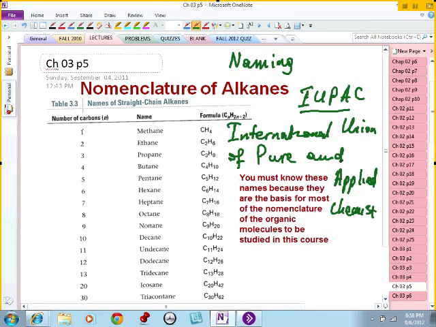Okay, this is the body charged with the responsibility of providing the guidelines for the naming or nomenclature of organic compounds. So you are going to see us refer to this very often. I said give the IUPAC name. That simply means give the systematic name. Another way you look at it is systematic name.